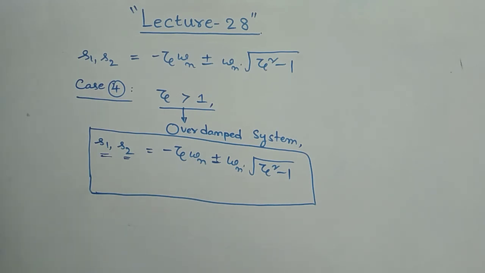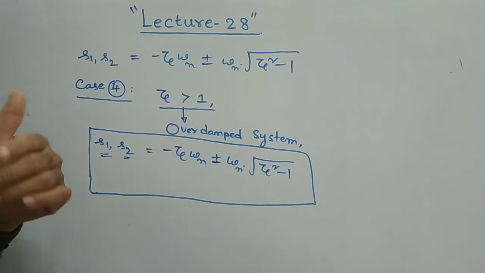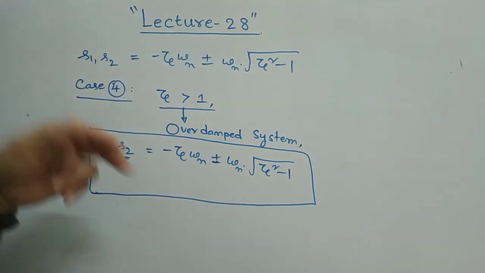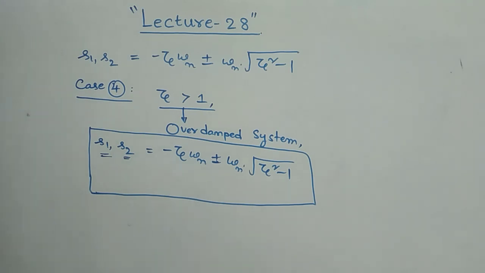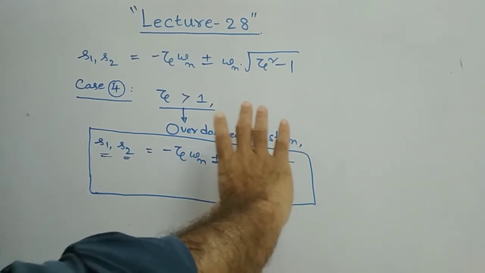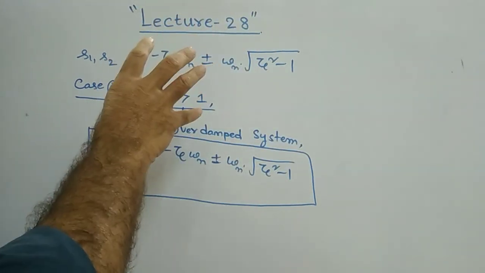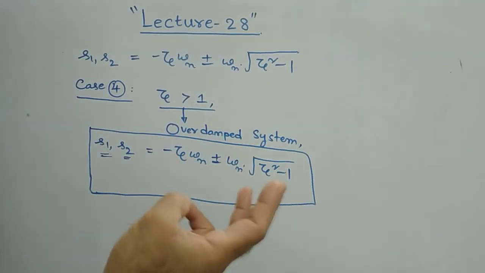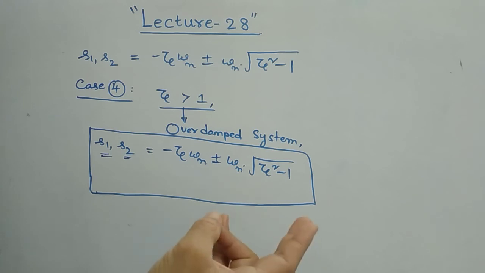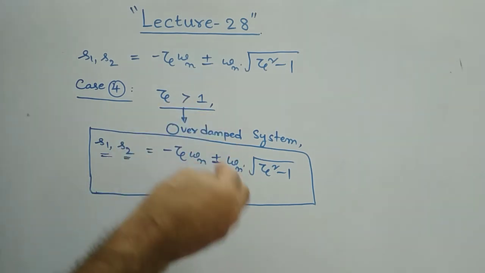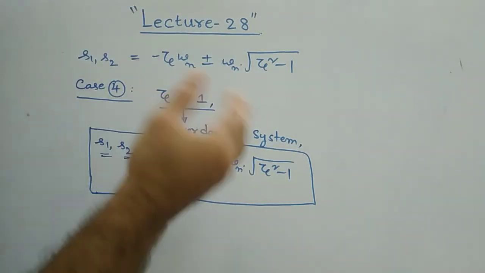In the subsequent presentation, we will see the response of a second order system with zeta equal to 0. In a second order system, we take the transfer function of a system, then apply the step input, because our standard inputs are unit step, unit ramp and unit parabolic signals. We also have to consider the value of zeta.